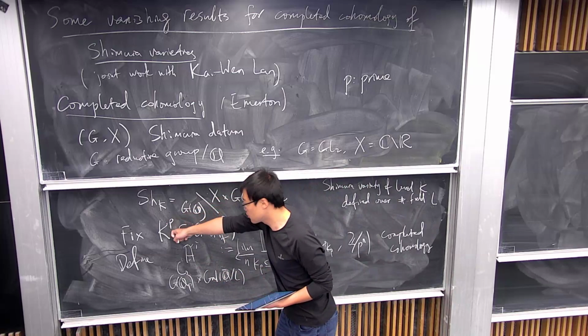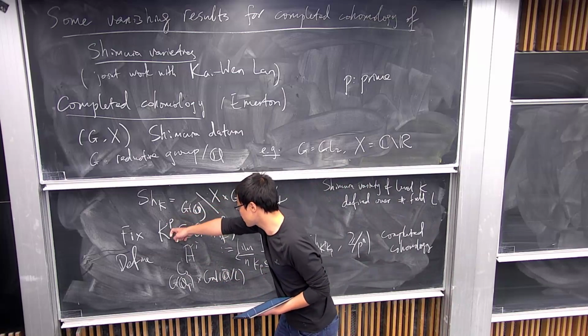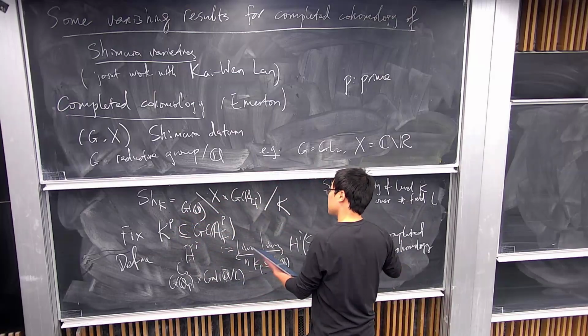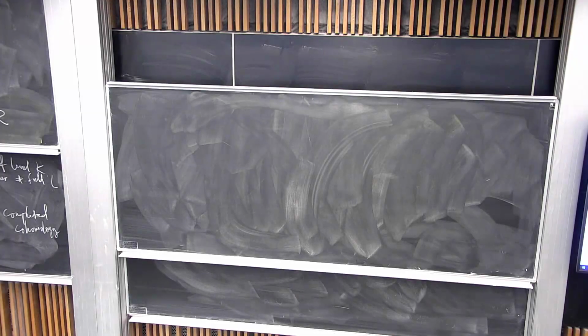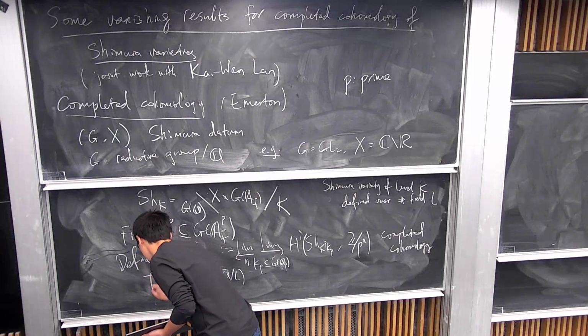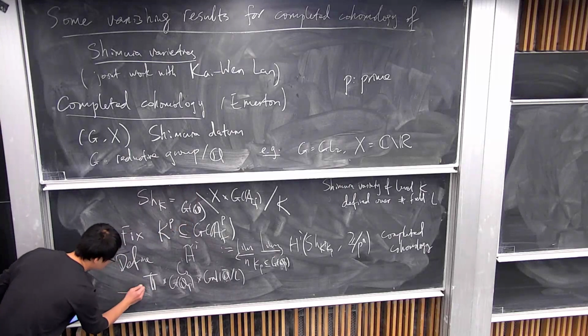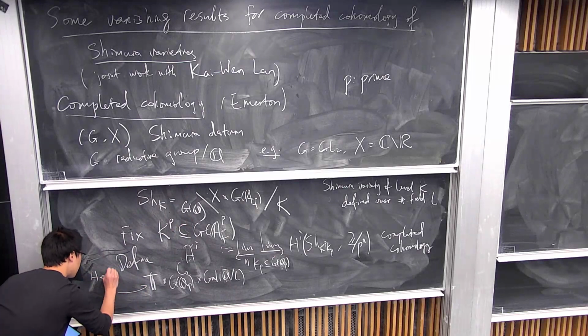And also, as usual, you have the Hecke operators away from p acting on the cohomology of these symmetric spaces. I won't be very precise here, but this is just the Hecke algebra away from p.